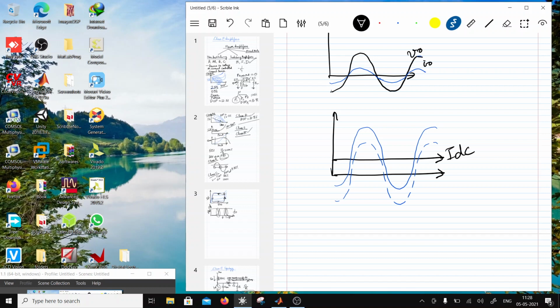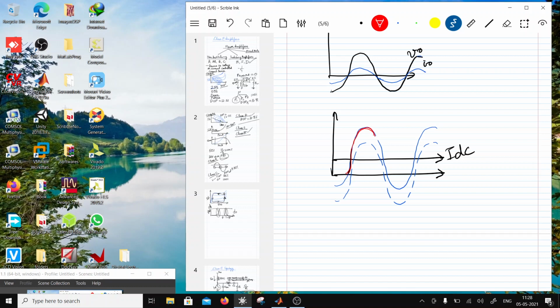Now you can just focus on the solid blue waveform. I'm going to choose a point somewhere, let's say over here, in red color. So I'm letting this waveform pass through the switch.